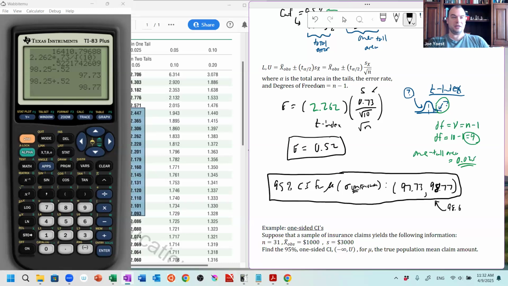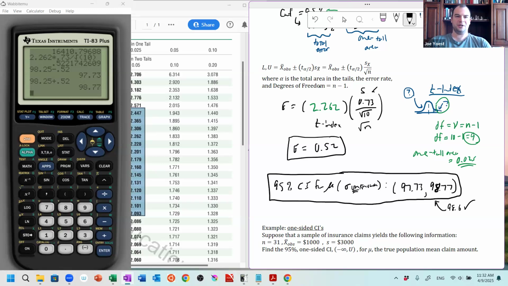Well, 98.6 is in this interval. So yes, it does seem feasible that the true mean could be 98.6. That is the often quoted human normal body temperature, although each individual's normal body temperature varies a bit.